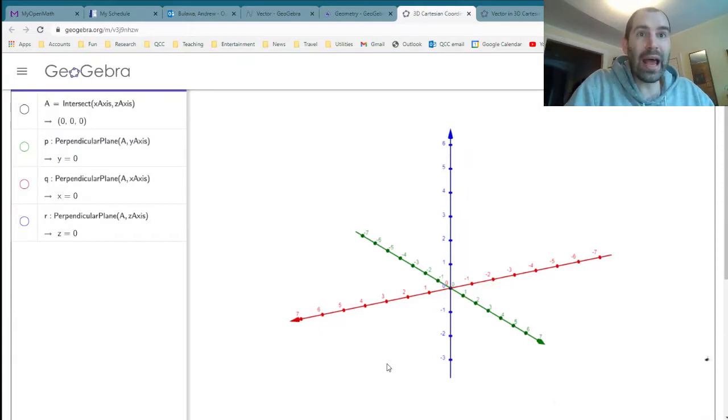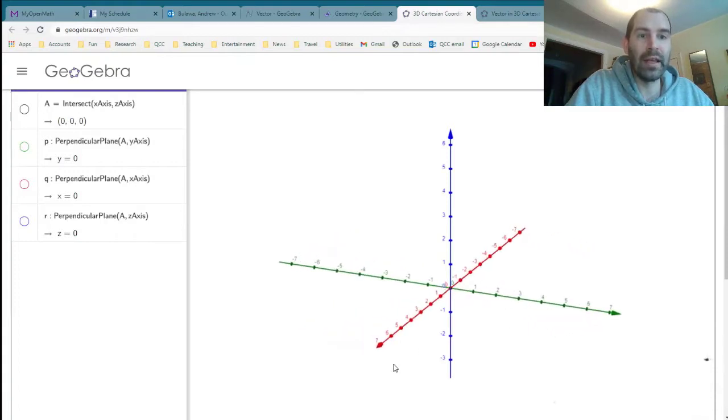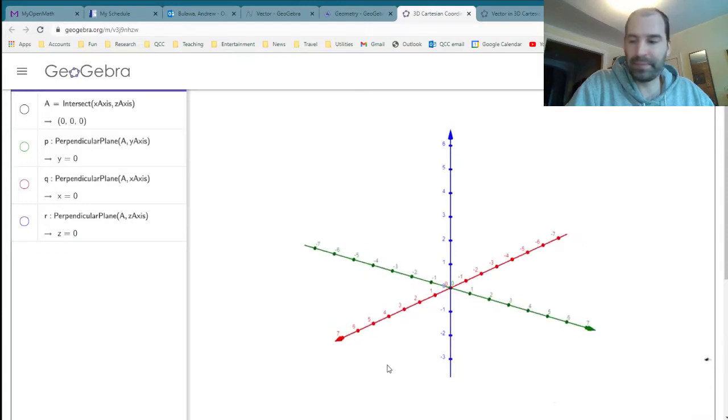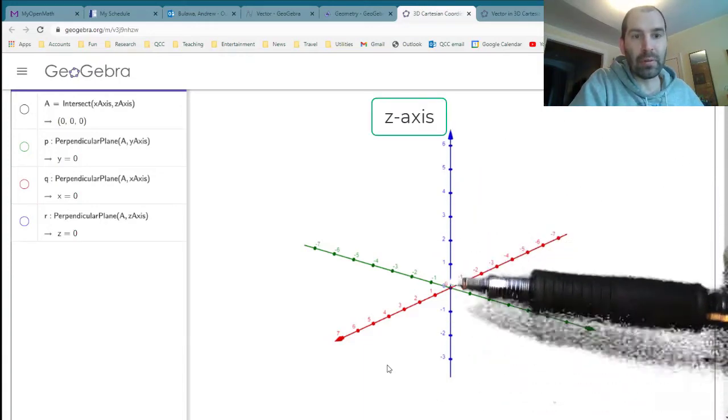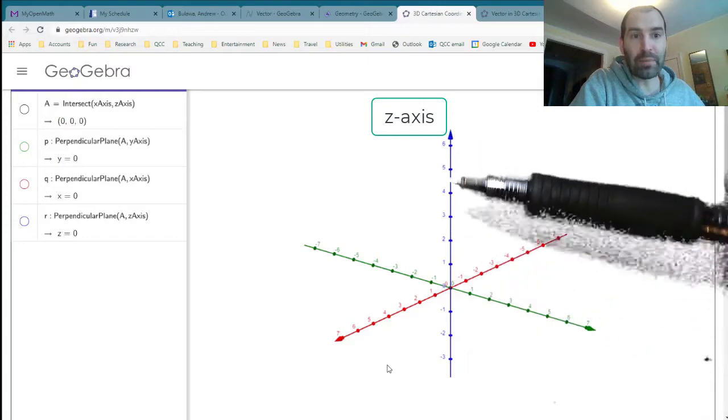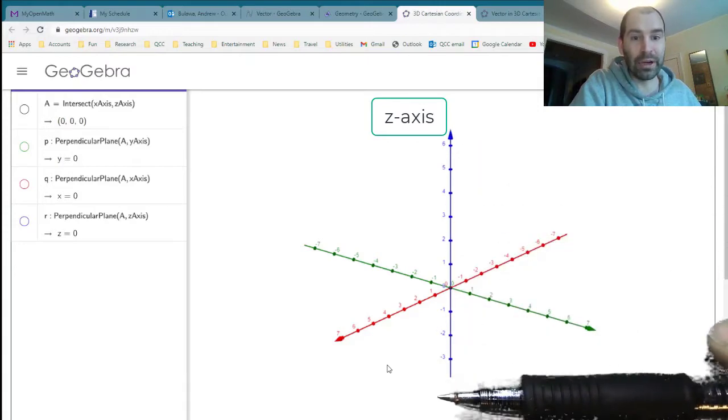So not only do we have an x-axis and a y-axis, but we also have a z-axis. And notice that all these are perpendicular to one another. Now, the way we usually orient it is so that the z-axis is the one that's pointing up. Unlike before, when the y-axis was pointing up, now the z-axis is pointing up.